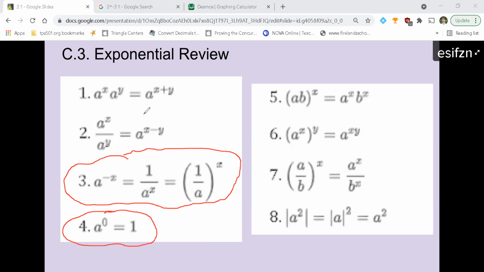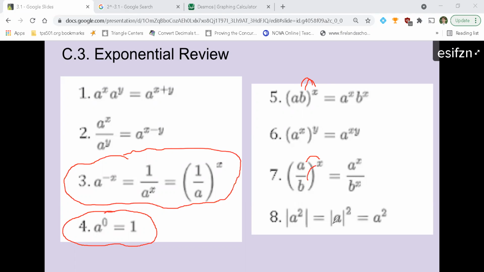But the rest of these, again, are stuff you used last year. A to the x times a to the y is a to the x plus y. If you divide two values of the same base, you subtract the powers. You can distribute powers through parentheses. A power to a power means you multiply the powers. You can distribute again.